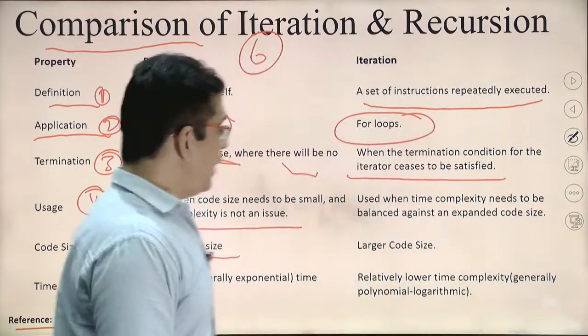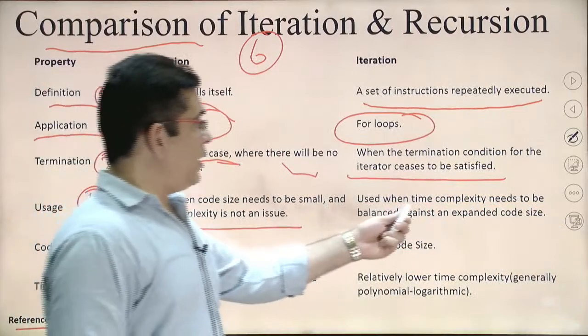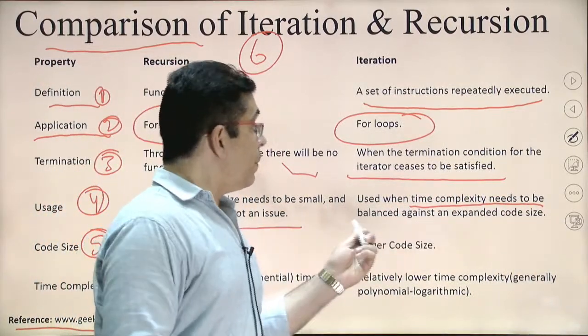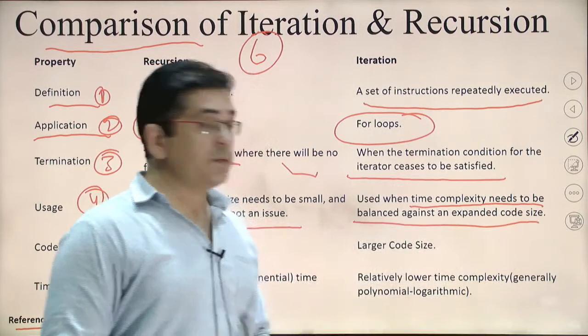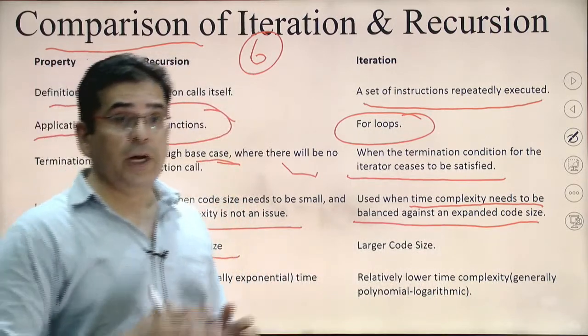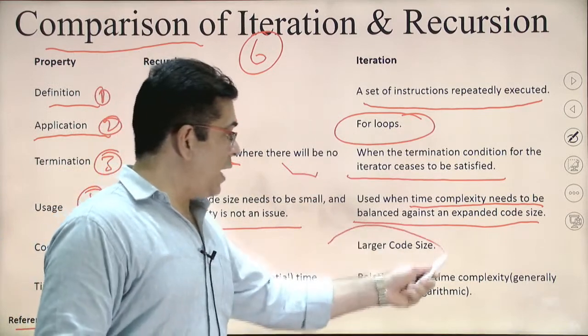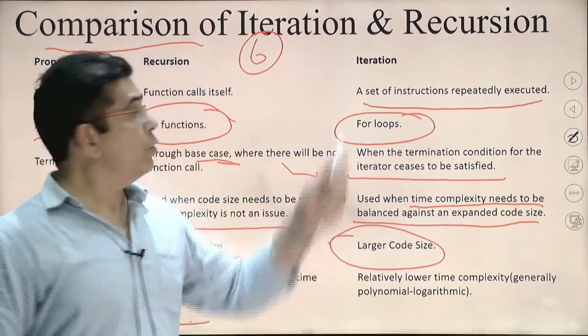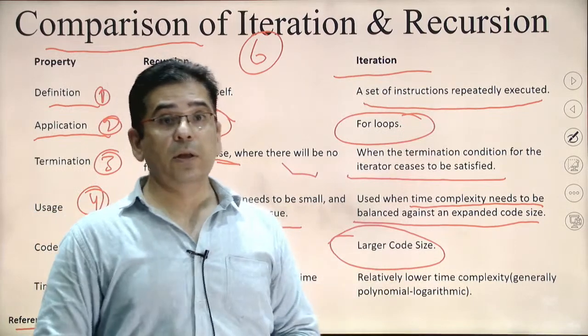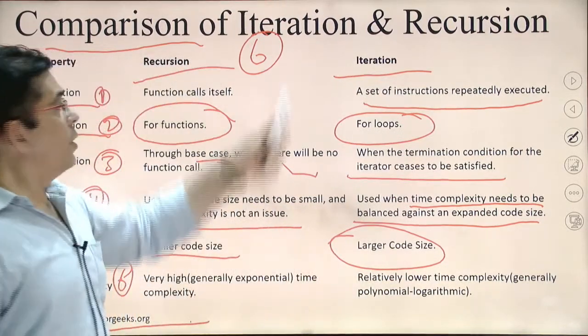But iteration is used when time complexity needs to be balanced against an expanded code size. When you need less time complexity and your code is larger in size, then you will go for iteration, else you will go for recursion.